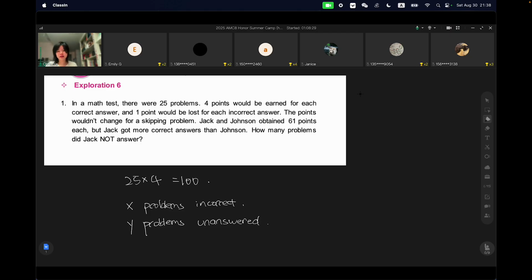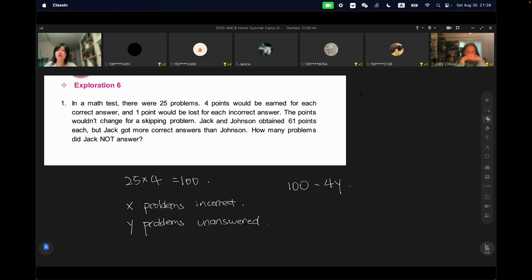So then that means 25 times 4, which is 100, the maximum points, minus 4y, because 4 points would be earned for each correct answer, and if you don't answer the problem, you would get 0 points. And minus 5x, because there will be 1 point lost for each incorrect answer.